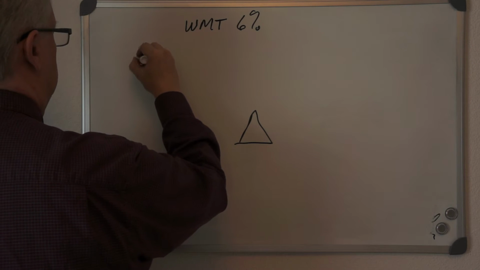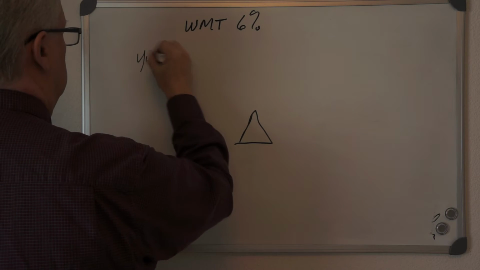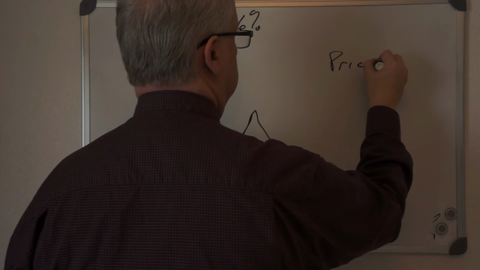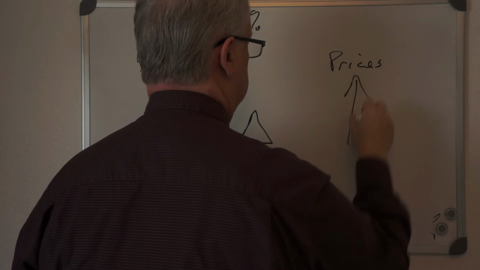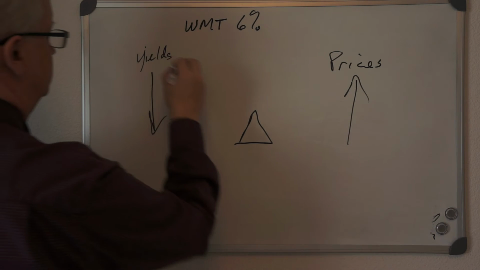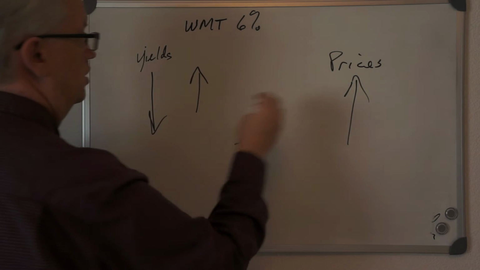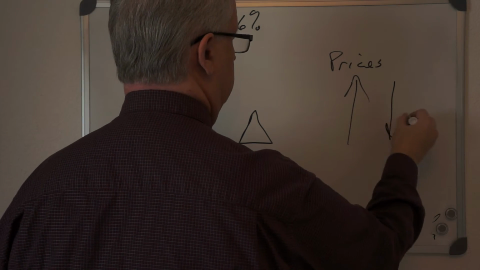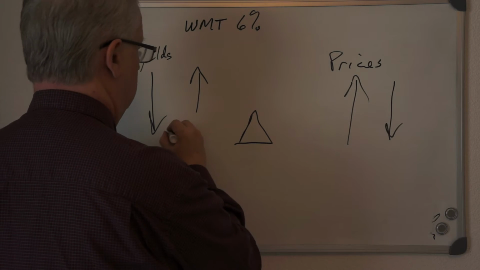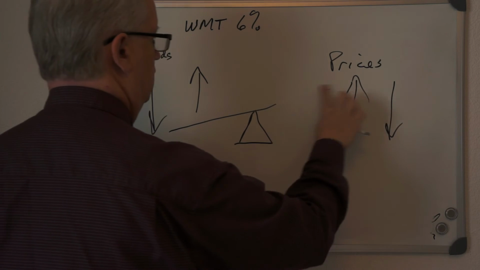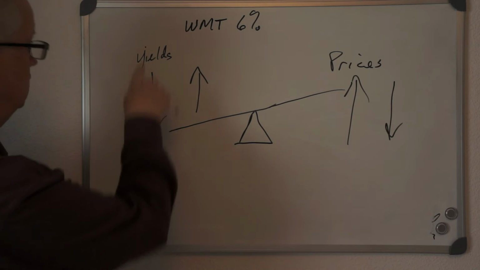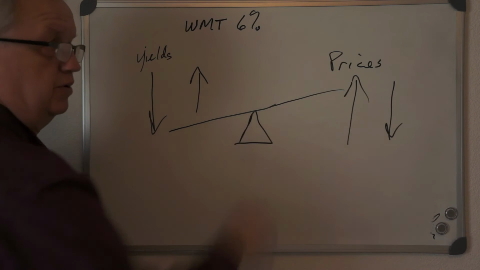As yields decrease, prices increase. If yields are going to increase, then prices are going to decrease. It has the opposite effect, just like the seesaw. Okay? Just like the seesaw. Yields are down, prices are up.